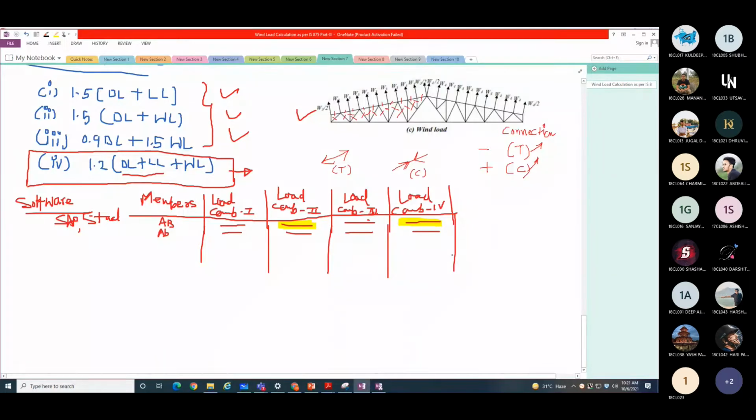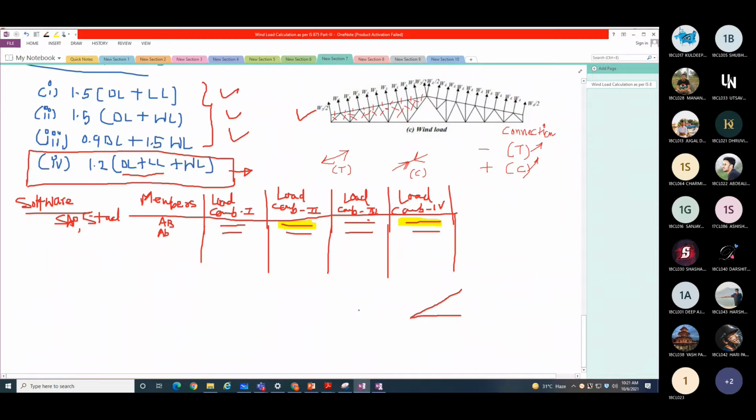Now, if you remember your analysis of truss fundamentals, at that time you were given the forces or the load applied to the truss.